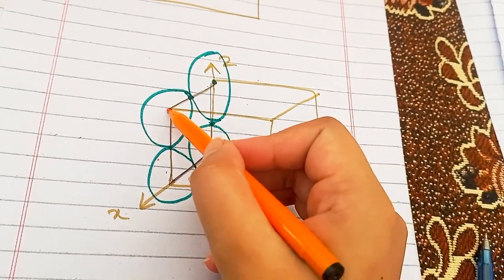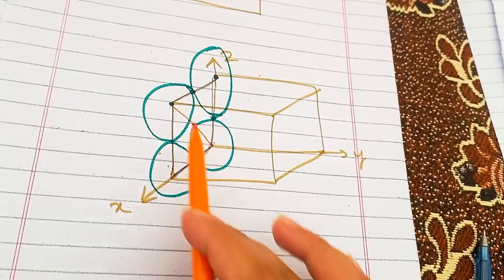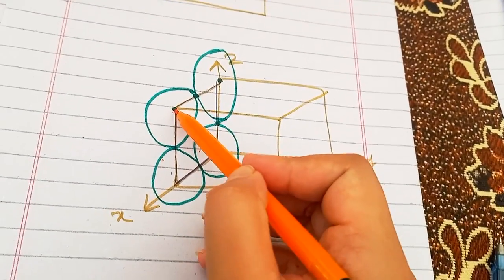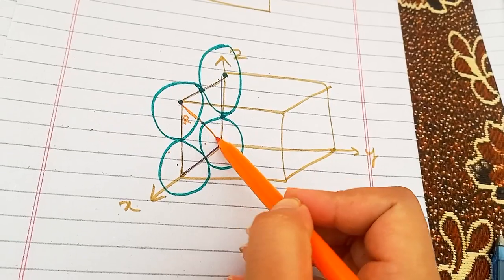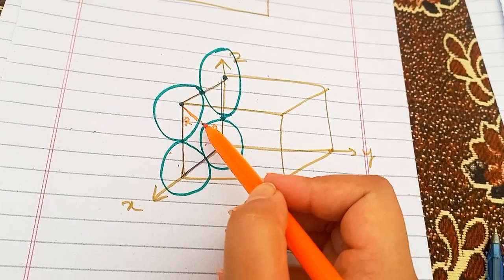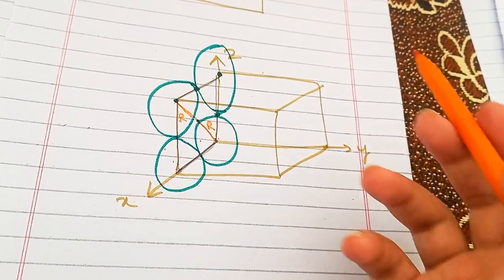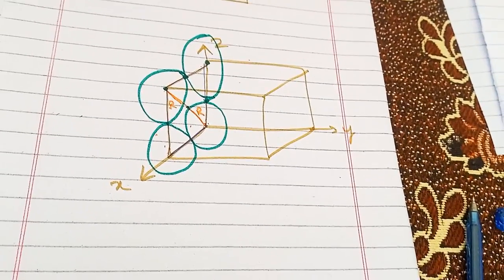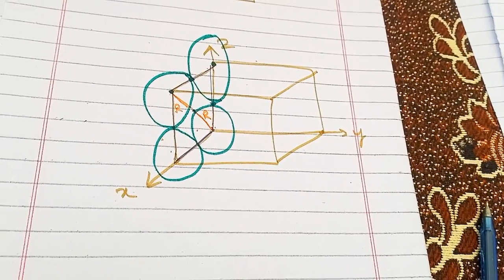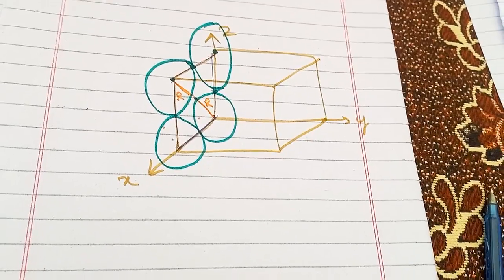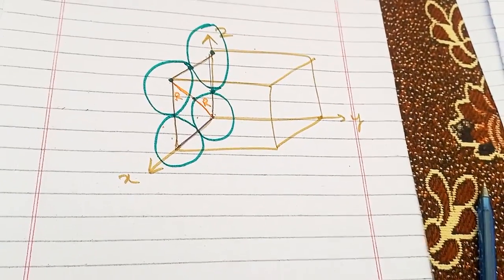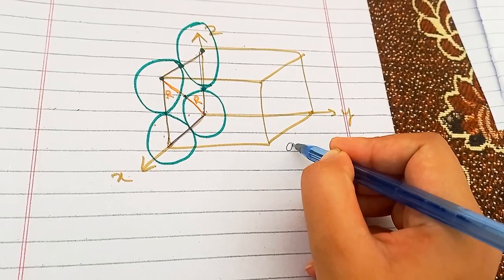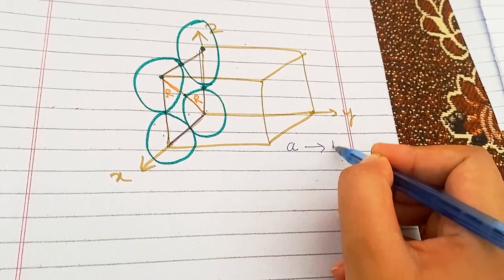But these two atoms on this line will not touch each other. Though this is radius capital R and this is radius capital R, there will be a distance between them. I'm clarifying this because we normally draw rough diagrams in calculations of linear densities, but it sometimes causes confusion when calculating the relation between atomic radius and the lattice parameter.